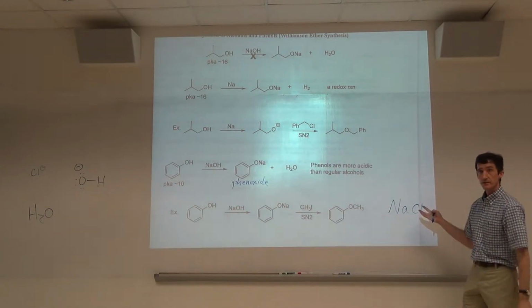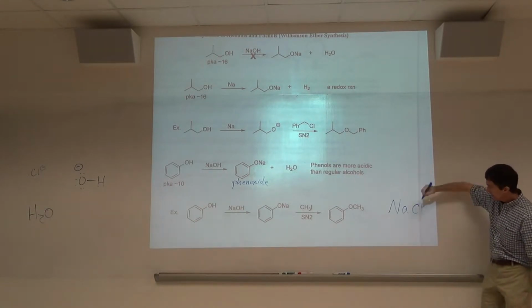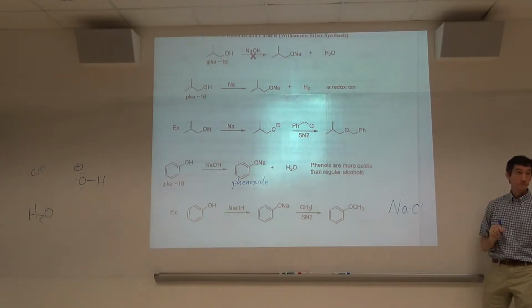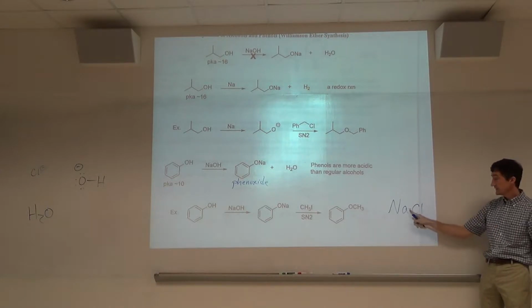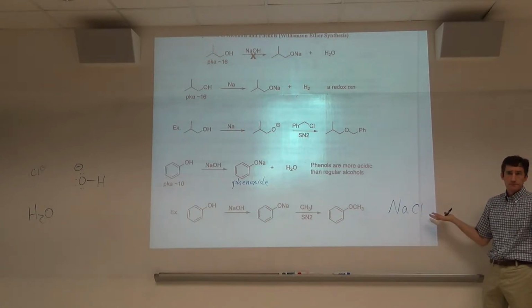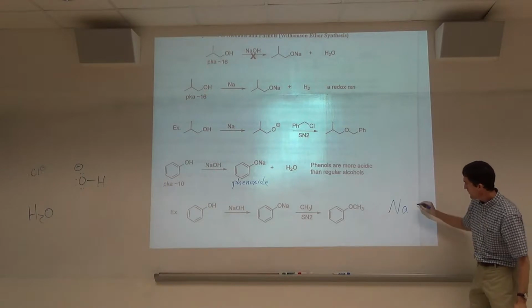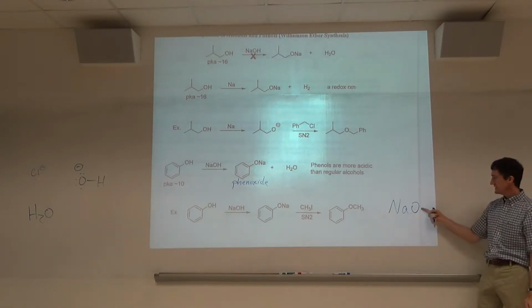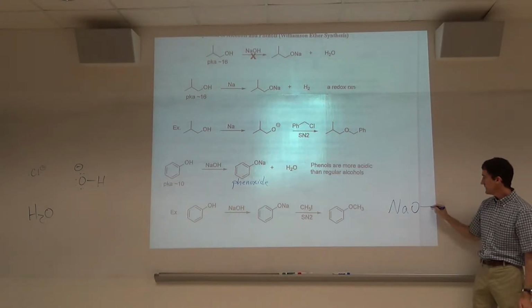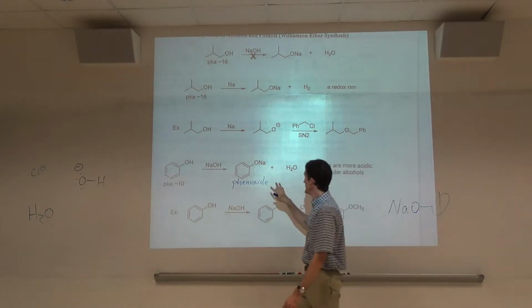Does that mean they're covalent? What I'm trying to get at is, don't make this mistake. Don't do that. Because what does that mean? That's a covalent bond. No. That's just sort of like formula. And if I replace the Cl with an O, it's still formula, but the O needs to have something bonded to it. Maybe it has a benzene ring bonded to it. And that's what we got here.